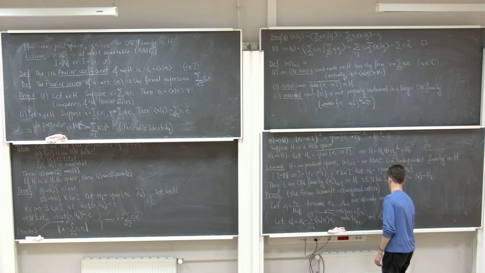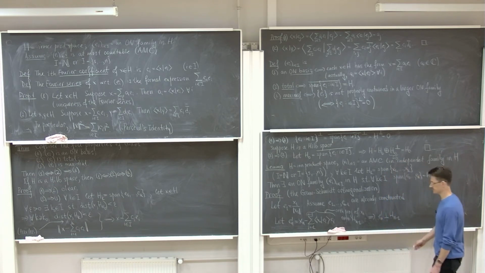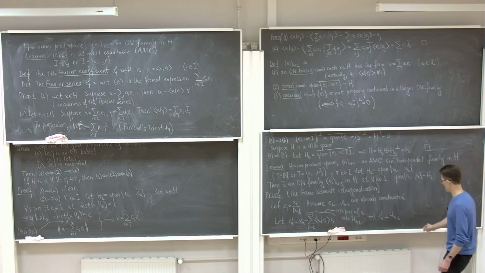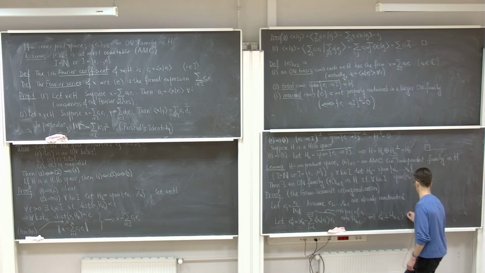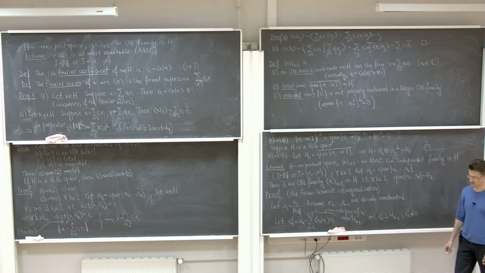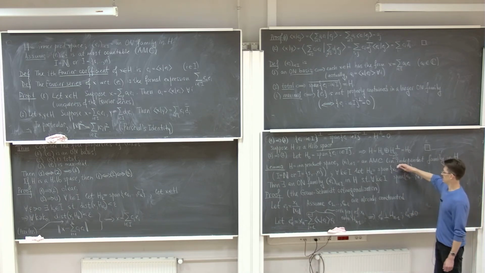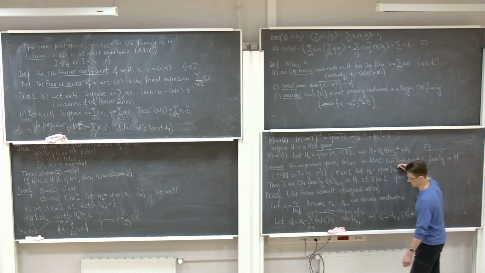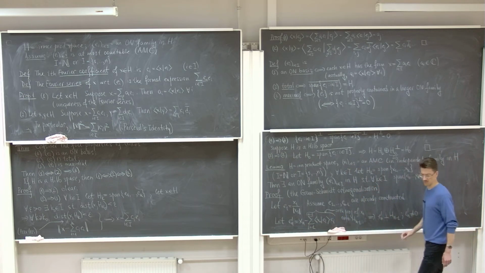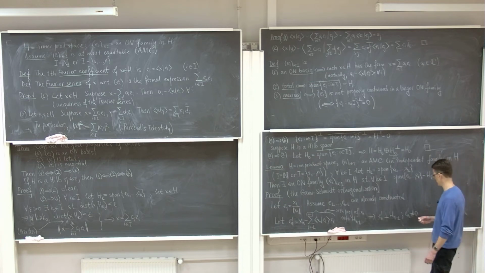En prime is orthogonal to Hn minus 1. And also it is non-zero. It is non-zero because our family is linearly independent, and so xn doesn't belong to Hn minus 1. So this difference is non-zero.